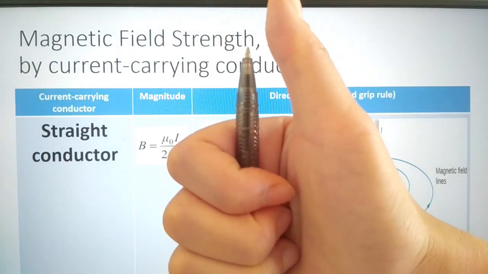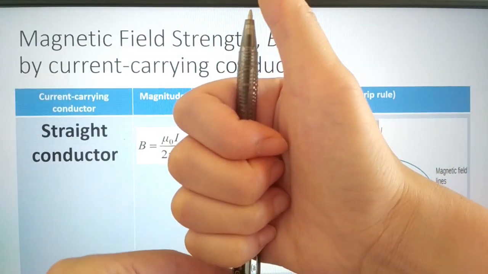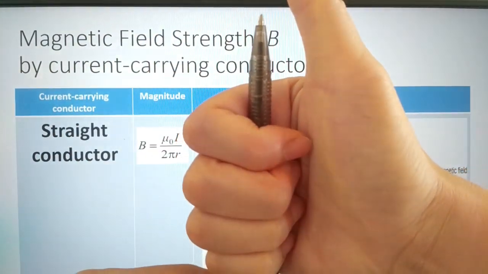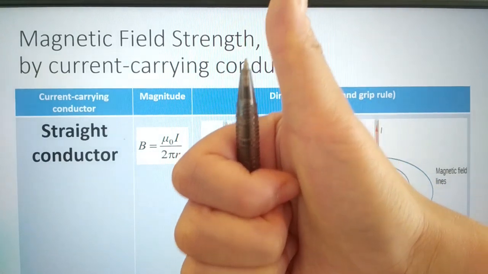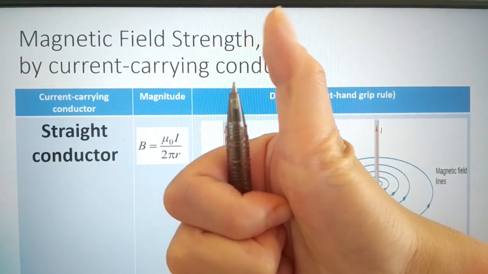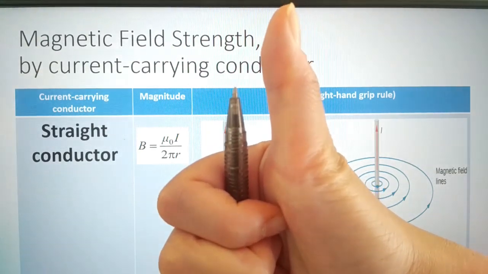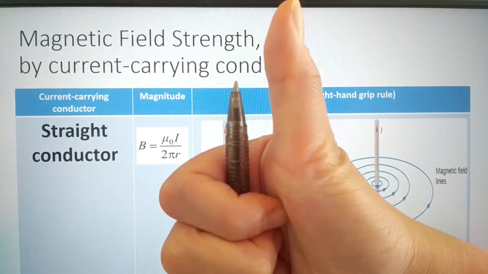What you can do here is take your right hand and grip your conductor, where your thumb points in the direction of the current, which in this case is upward.